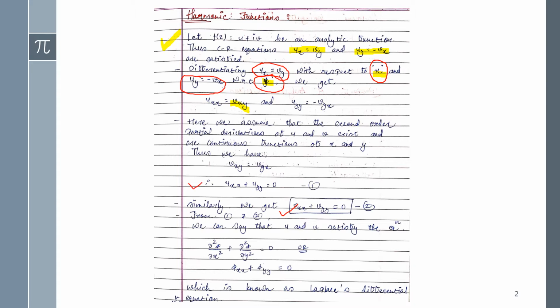So this one is for the function u, and the second one we have found for the function v.